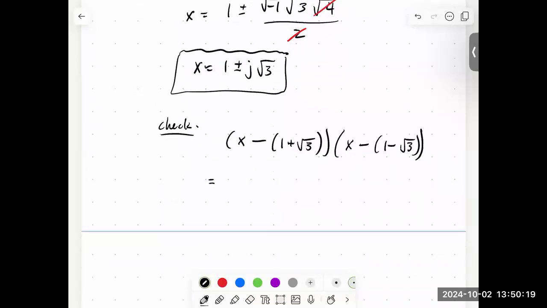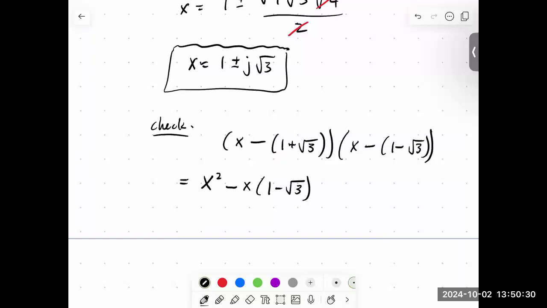Okay, so let's do this. Why don't we start with the x squared? So x times x is x squared, x times this thing is minus x times 1 minus √3. And then we have minus x times 1 plus √3.